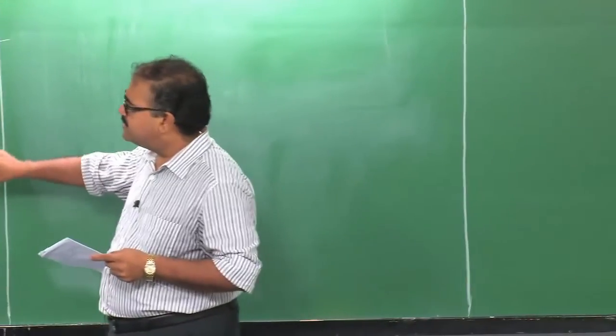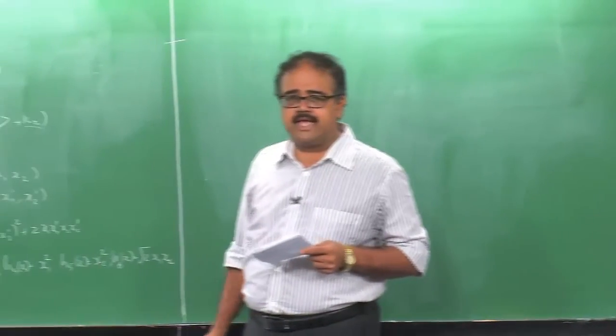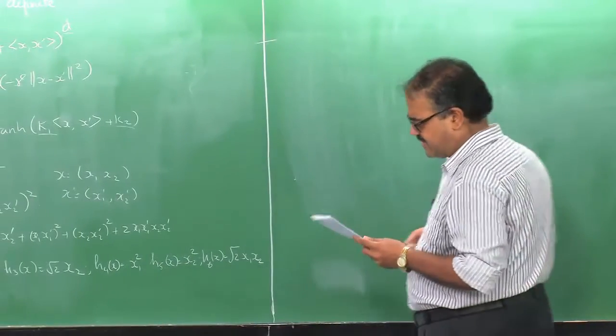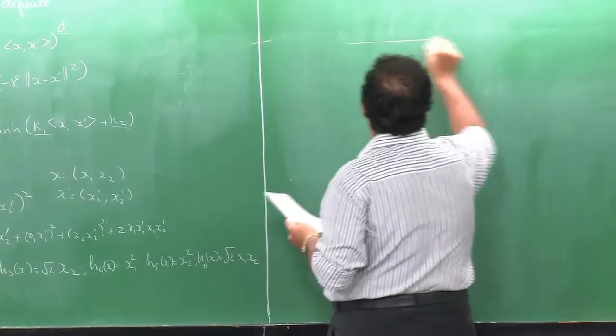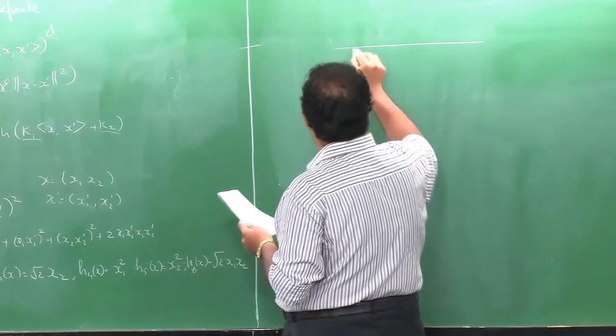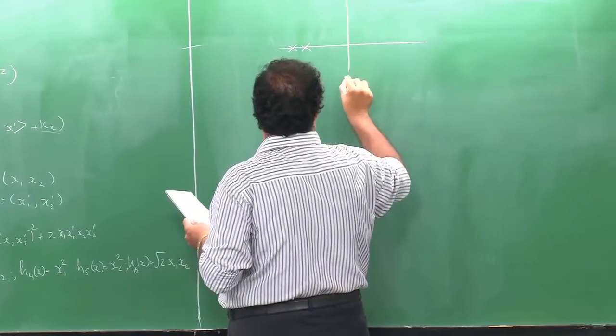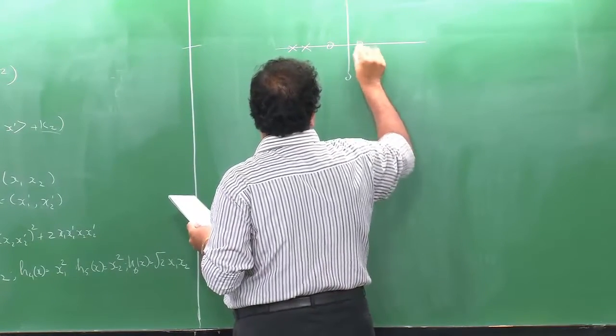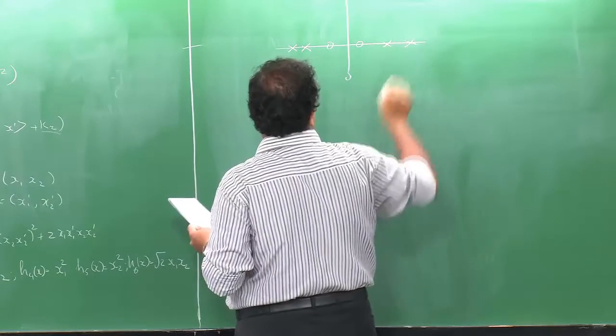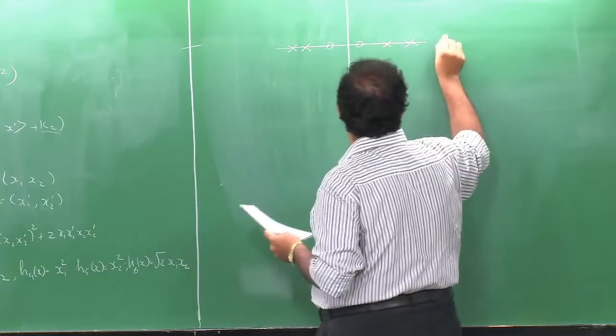To see how this polynomial transformation really helps us, let us look at a very simple example. I am going to assume a single dimension, and let us assume that this is 0, and I have data points that look like this. This is the dimension x1.